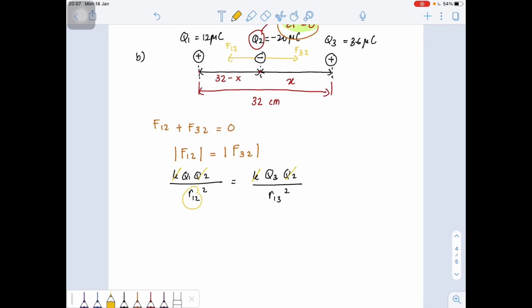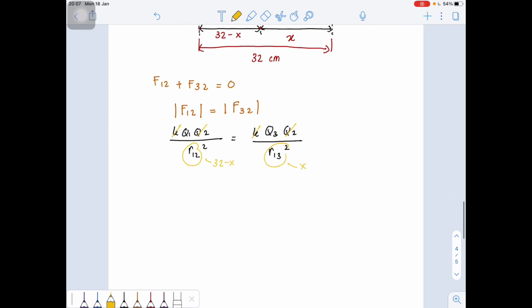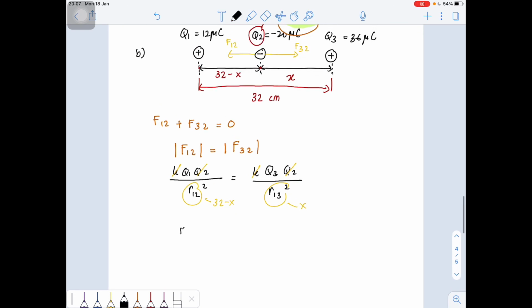This one is actually 32 minus X, and this one is actually X. So we put in the values: Q1 is 12 exponent negative 6, divided by, let's change directly to meter, 0.32 minus X, squared, equals Q3, which is 36 exponent negative 6, divided by X square.